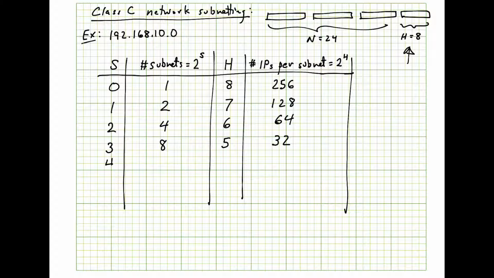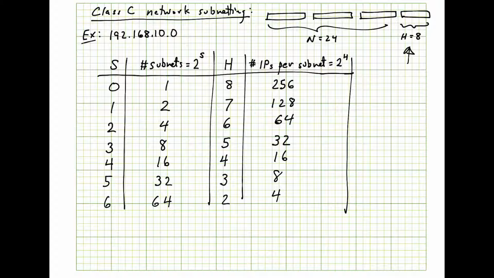I can steal 4 bits, and I'll have 16 subnets, with only 4 bits left. I can steal 5 bits and get 32 subnets, with only 3 bits left, so only 8 IPs per subnet. And finally, I can steal 6 bits to get 64 subnets, each of size 4. That's about as small as we can go. Why 4?